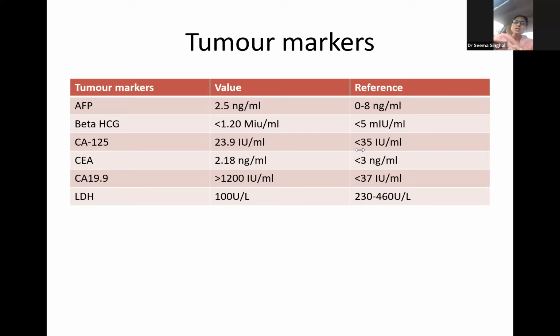Okay. But which situation? What are the indications for doing total omentectomy, and what are the indications for doing infracolic omentectomy in a patient with epithelial ovarian malignancy? Ma'am, if it is malignant, then we'll do the total omentectomy.